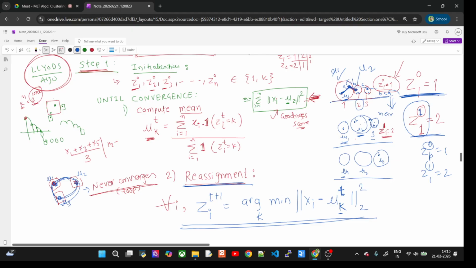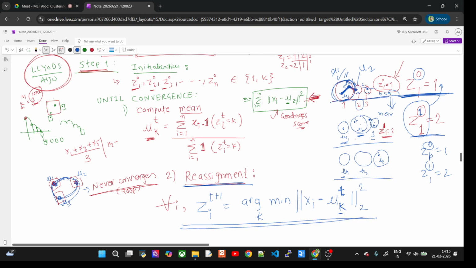When I was in the earlier stage, iteration 0, I checked my point x and the distance to the mean of my current cluster. This is its current cluster, this one.